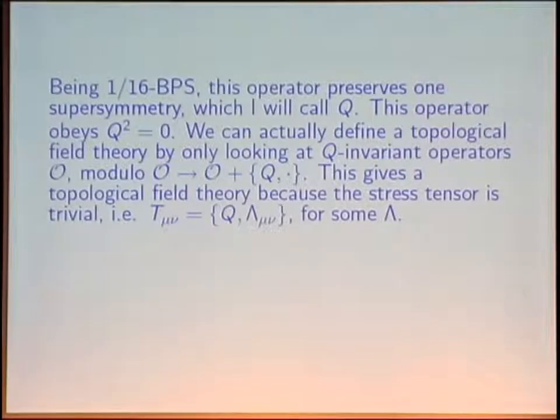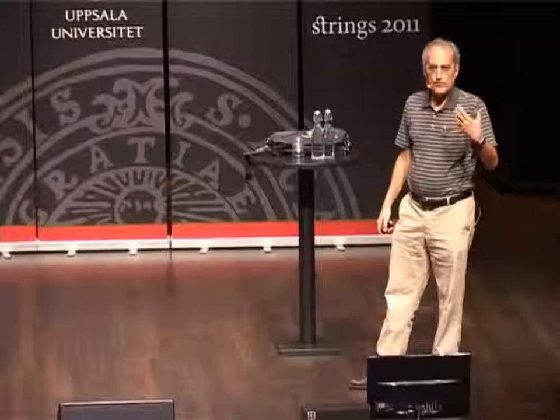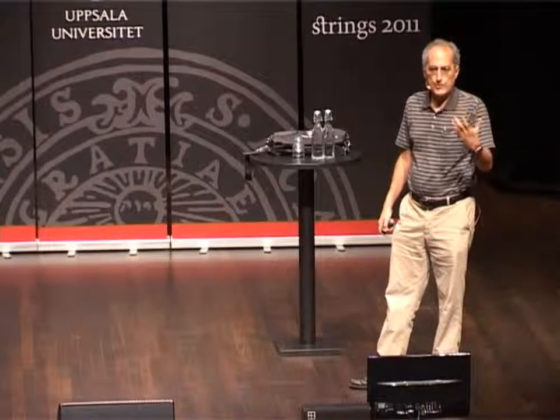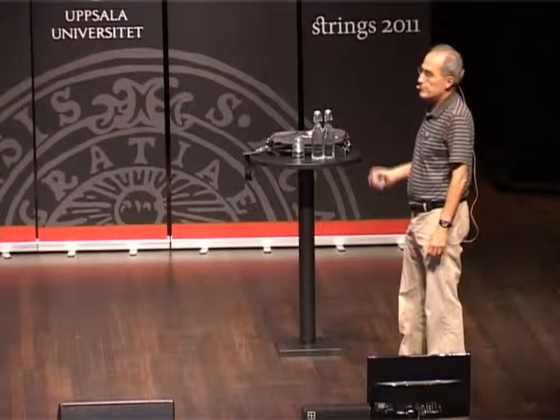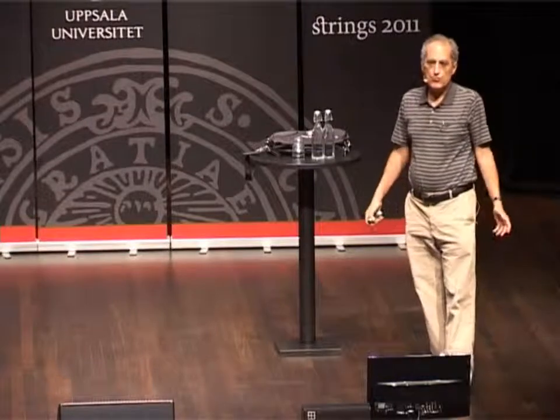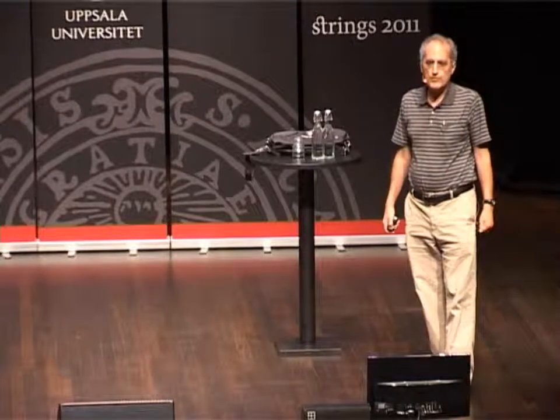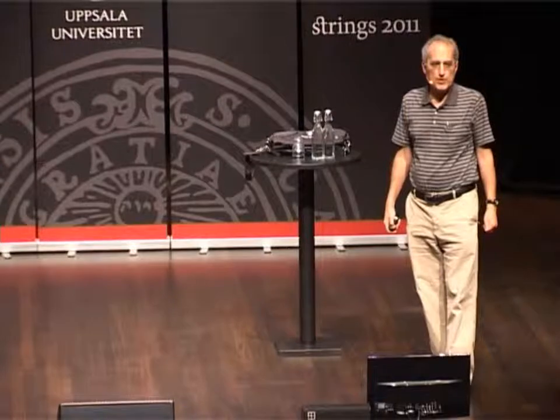And it gives a topological field theory because the stress tensor is trivial in this sense. The stress tensor is the response to a change in the metric of the spacetime on which we do N=4 super Yang-Mills theory. So when we make the response to a change in the metric trivial, it means that whatever we compute will be independent of the metric. In other words, it will be a topological field theory.